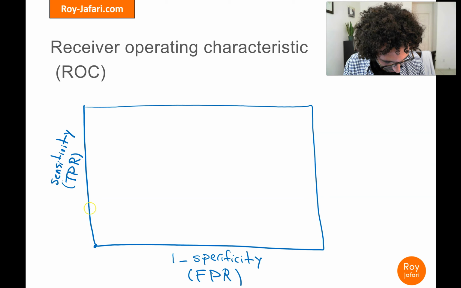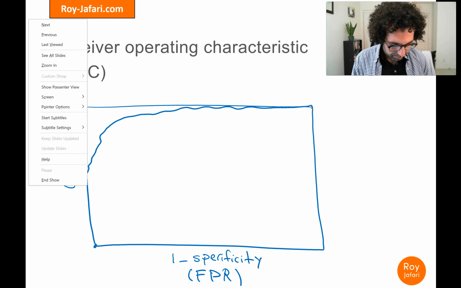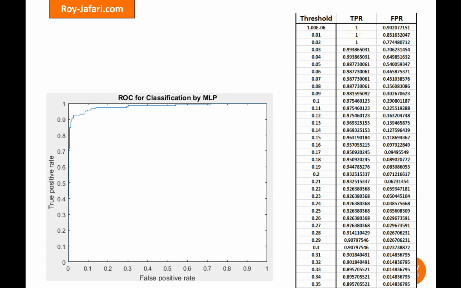So we start from here, and it will look something like this. That's the ROC curve.